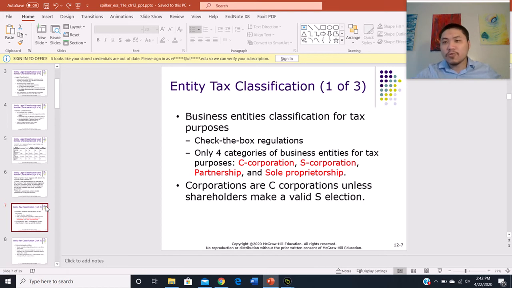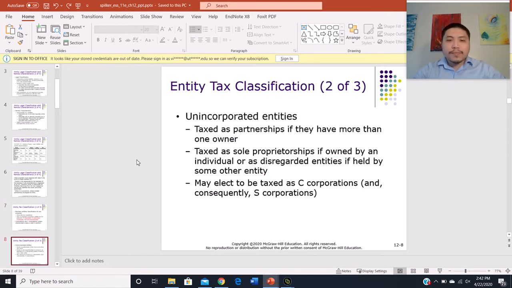For all the other entities, S corporation, partnership, sole proprietorship, the business income flows through the tax return of the business owners, and the owners pay individual tax on the income they get from the business. So again, C corporation is the only type of entity that has its own tax return.